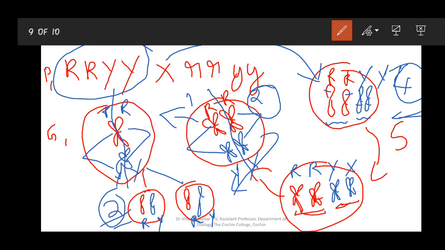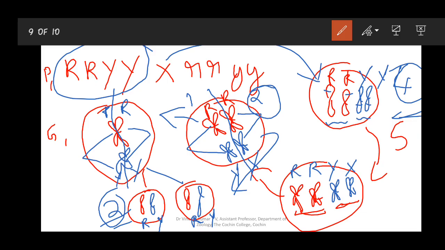If a character is lost, that will lead to a mutation or a particular disorder. In normal cases, the haploid set of chromosomes should be present in a single gamete. That means half the number of chromosomes that were present in the parent should be present in a single gamete.